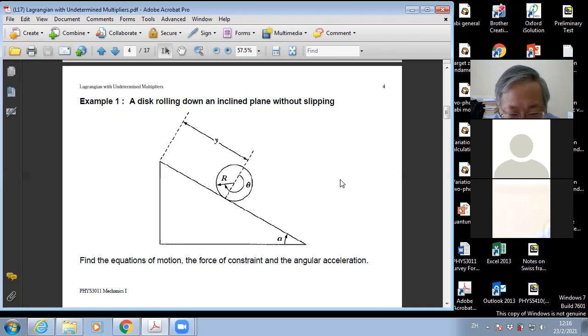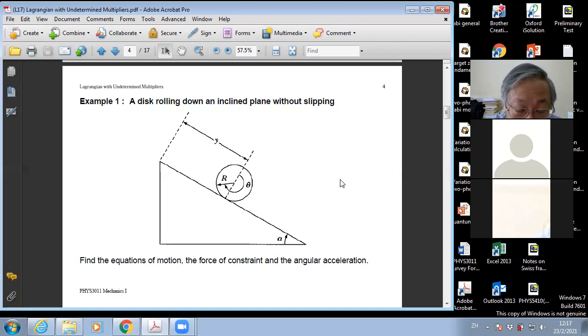Now, we have one equation for m y double dot equal to the force along the plane, and then I theta double dot equal to the torque, and what else? The constraint equation, am I right? So we have three equations.